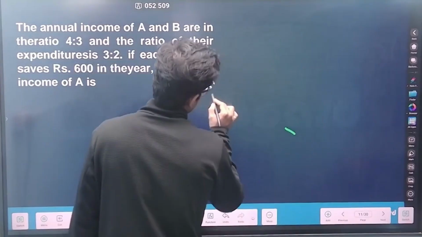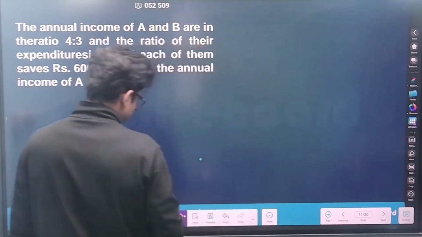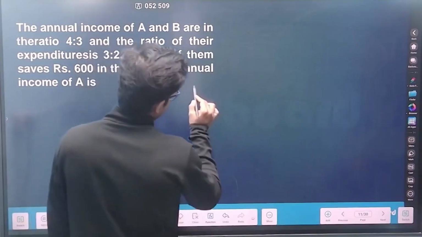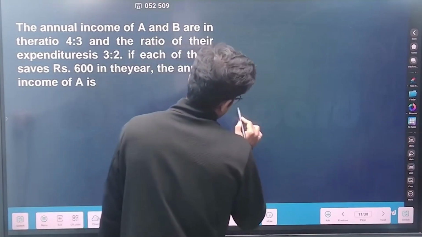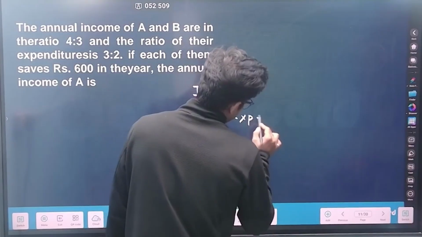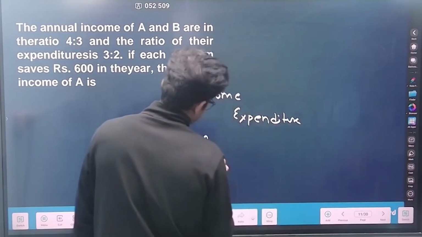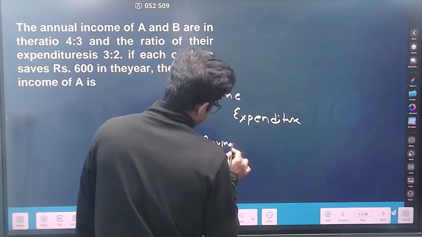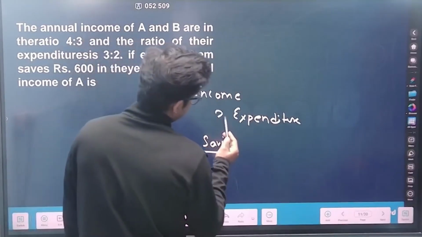Income, expenditure. First you solve, then I will make you understand. And saving. These are the three terms which you need to understand.